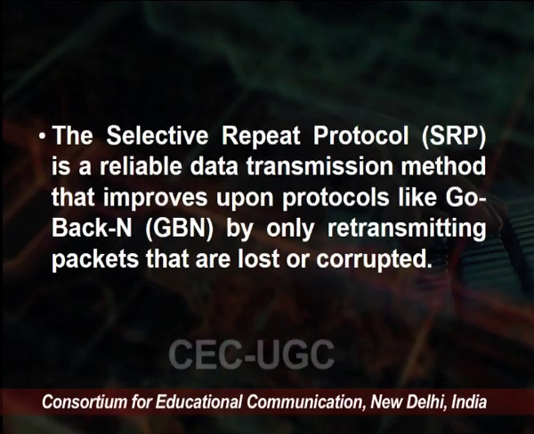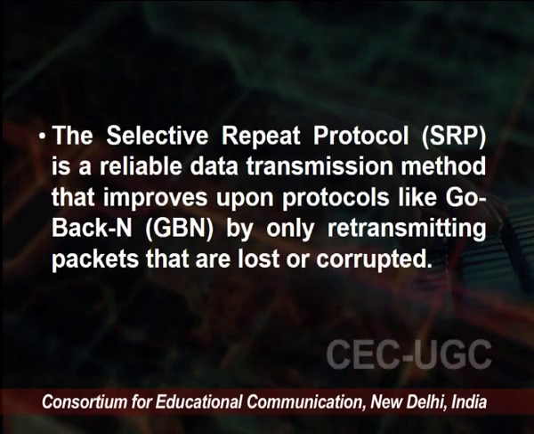In go back N, if one particular packet or acknowledgement is missing, then all others following that are to be retransmitted within a particular window. But here the retransmission is only going to happen for the lost or corrupted ones.